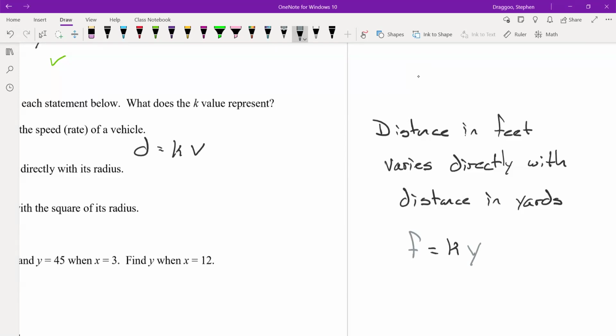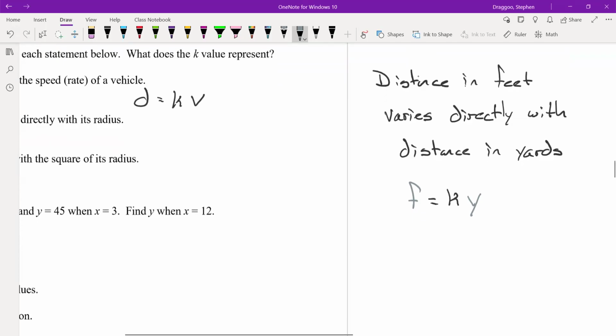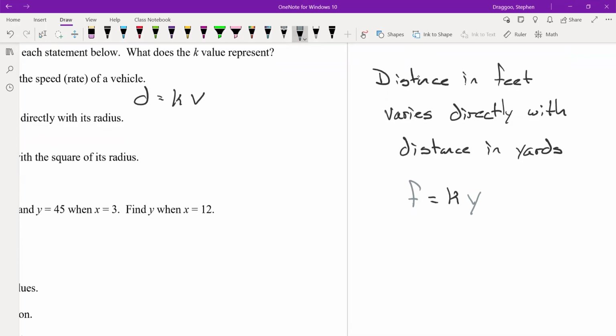My distance in feet is directly proportional to my distance in yards, and there is some proportionality constant between the two. I know that there are 3 feet in a yard, so my number of feet is going to be equal to 3 times my number in yards. If I've gone 10 yards, that's 30 feet.